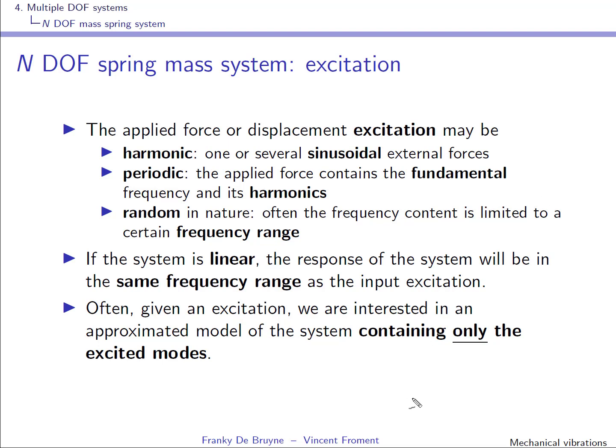For instance, let's draw here the frequency axis, and suppose our system has natural frequencies at these frequencies, and that our input signal contains frequencies at this frequency, it's harmonic, and another harmonic, and then you don't have anything else.